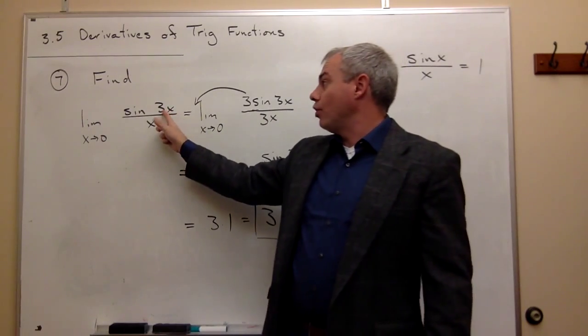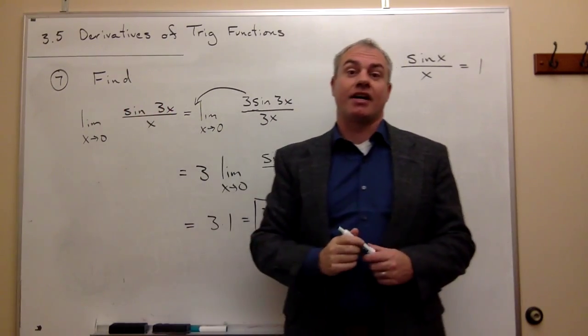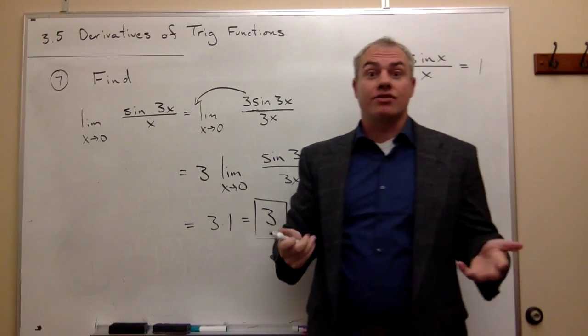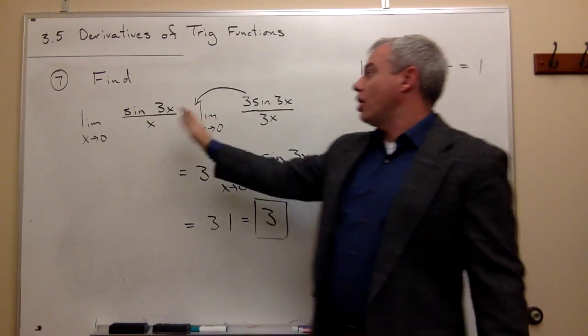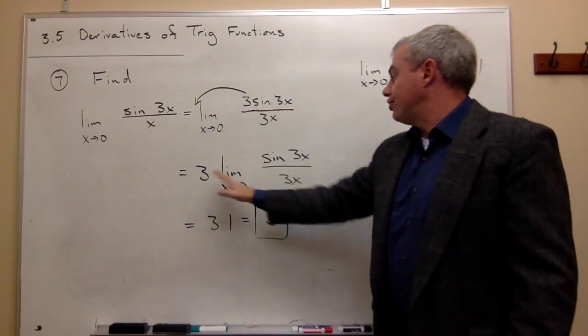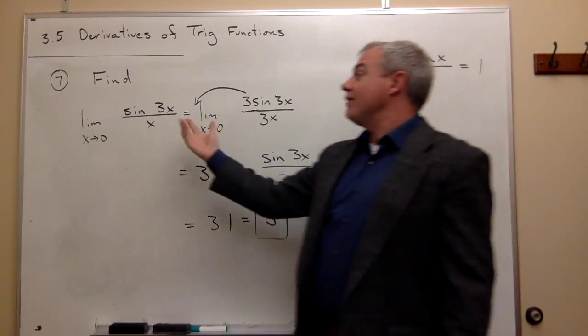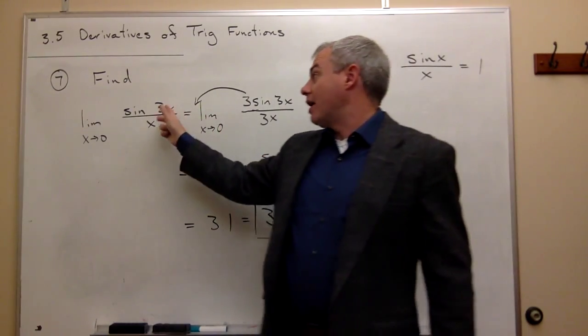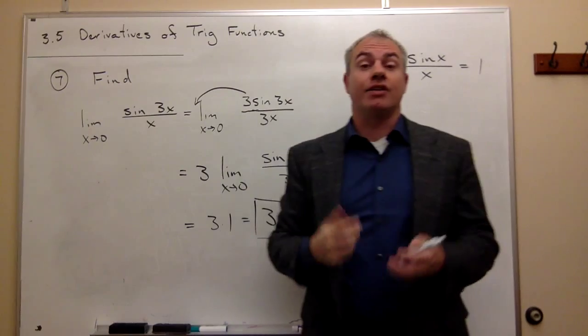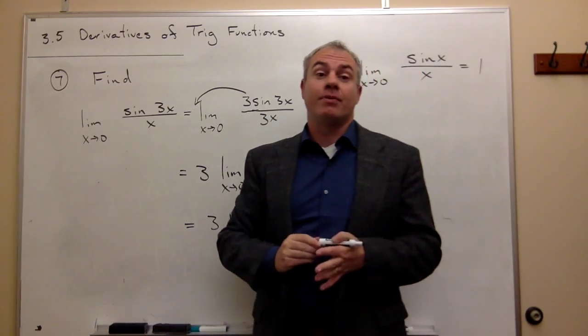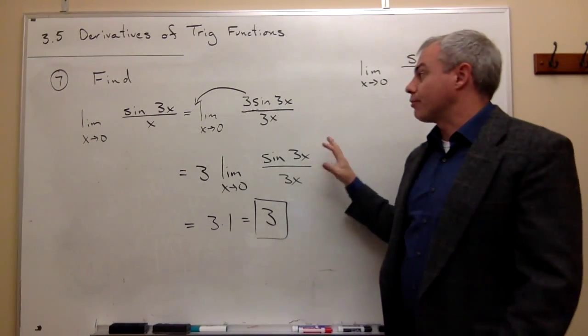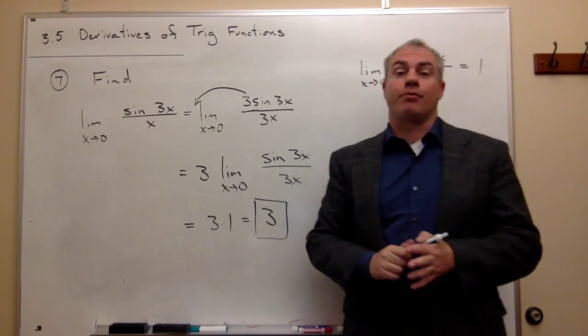You cannot pull a constant outside of a sine or a cosine or any sort of trig function. You've got to go through this process to get the answer, even if, just luckily, pulling it out of the sine would give you the right answer. So be careful about that. This is the process that you go through to do a problem of this type.